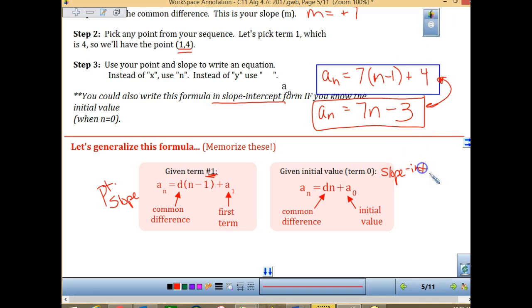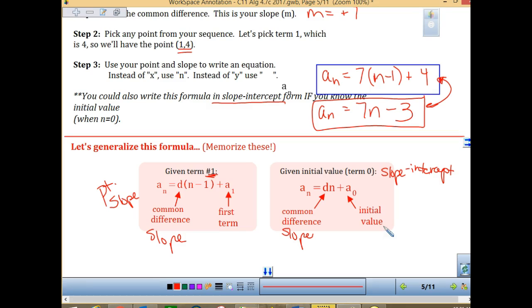So common difference, that's still our slope, right? Common difference is our slope. But now you have the 0 value. Everyone have that down? Okay.